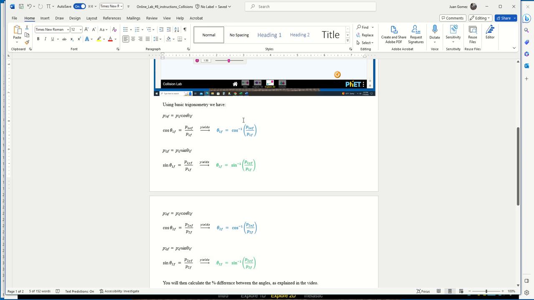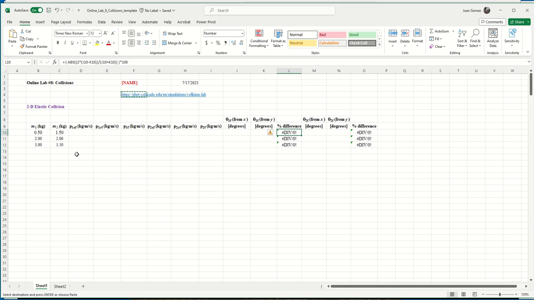The simulation will give me those final momenta. If you notice in the spreadsheet, we have P1x final, P1y final, P1 final, and likewise P2x final, P2y final, P2 final. We're going to get these columns from the simulation.